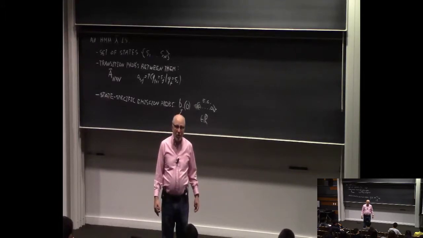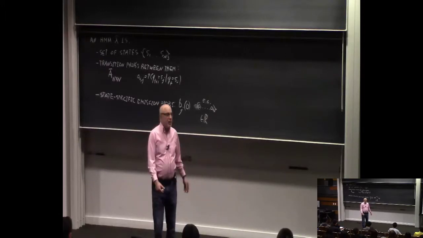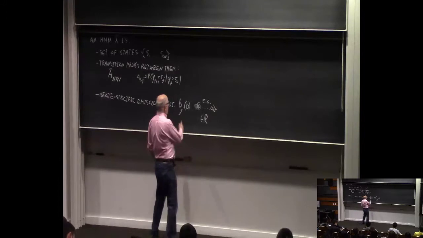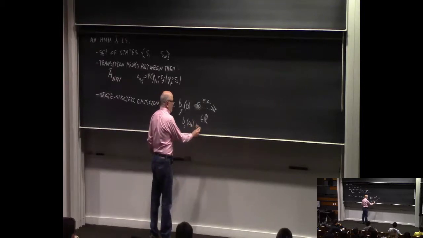If they come from a discrete space, they would typically be multinomials, which is the most general distribution over discrete items. If it's a multinomial, that means we will need to specify B sub j of O sub k for any k.